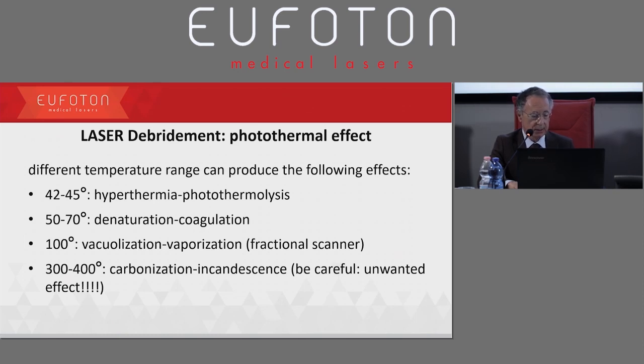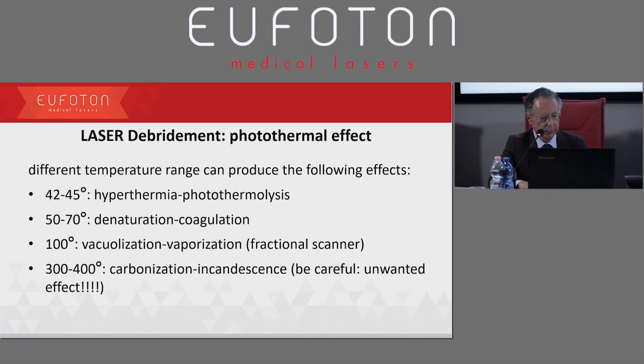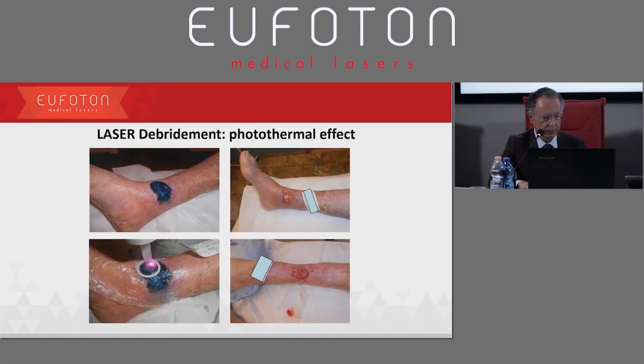And this is the effect of carbonization and incandescence, which is easy to obtain if you are not careful with the laser. But we don't want it because the tissue is destroyed, and it also doesn't heal, on the contrary, it gets worse.